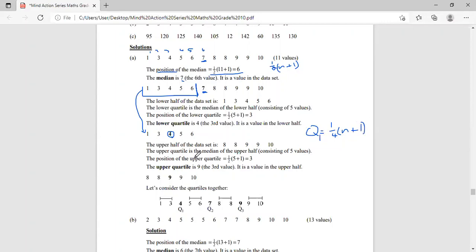This is for Q1, but not at this stage right now. So I find that the middle term of the quarter is 4. And then the upper, which is this part here.